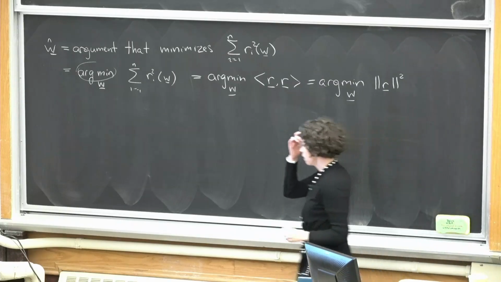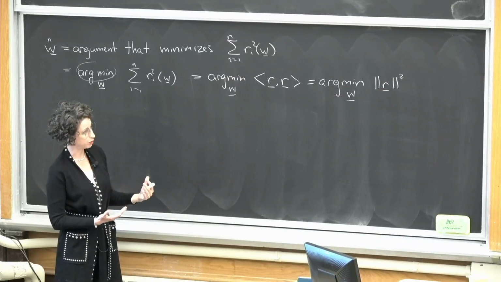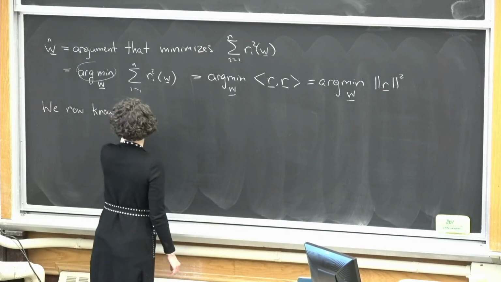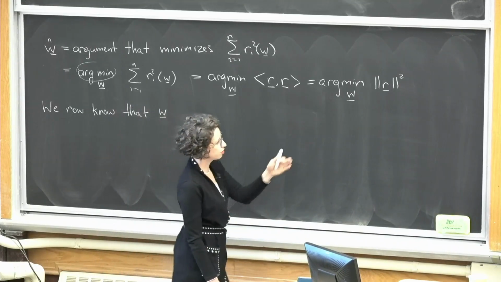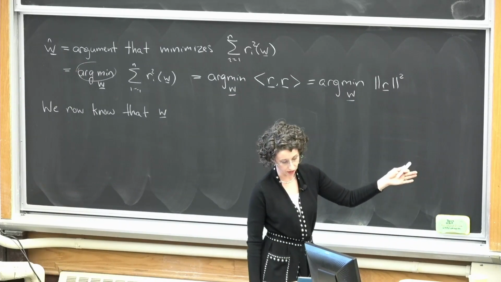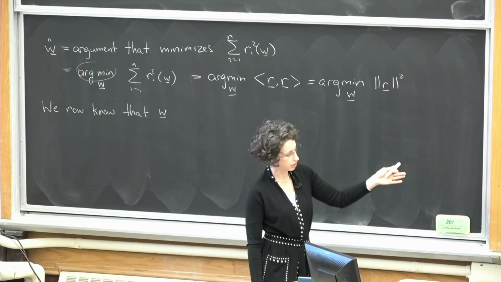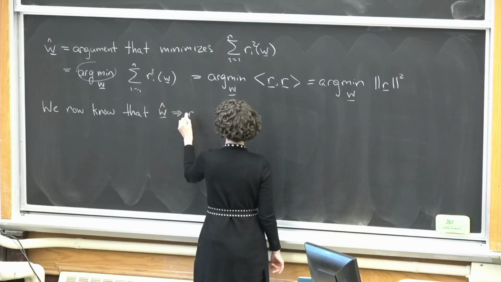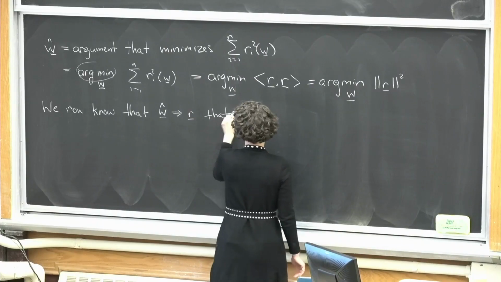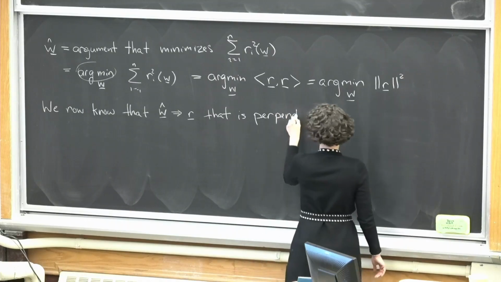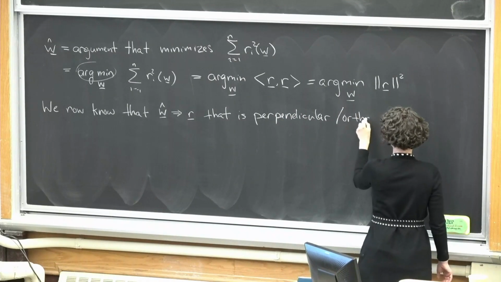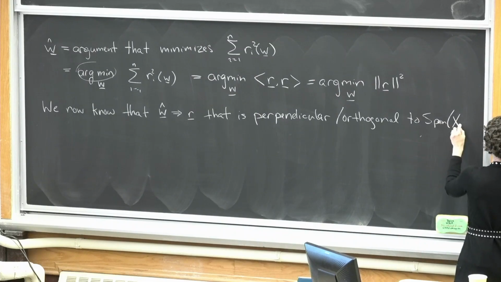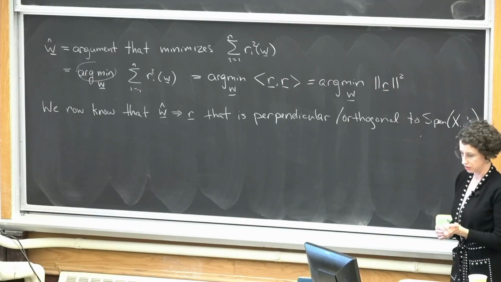Now, what we just established through this geometric perspective is that whatever W hat corresponds to Y hat is going to give us a residual vector R that is perpendicular, or orthogonal, to the span of the x colon j's, all of our columns here.